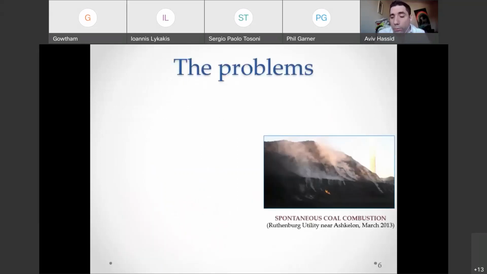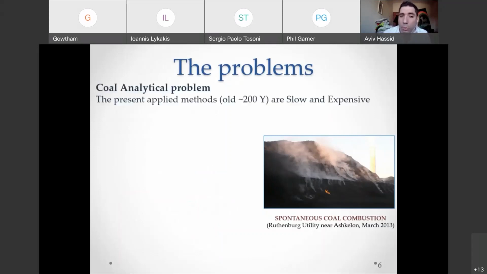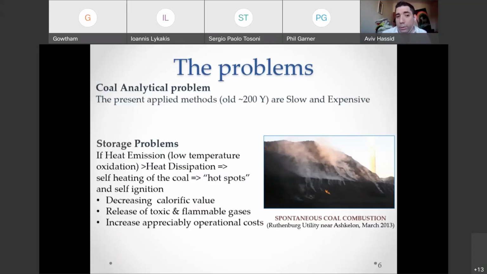But what are the problems we are facing today with handling and analyzing the coal? Why are we here? Well, the first problem is an analytical problem. The methods used today are slow and expensive. And the second problem is a storage problem.